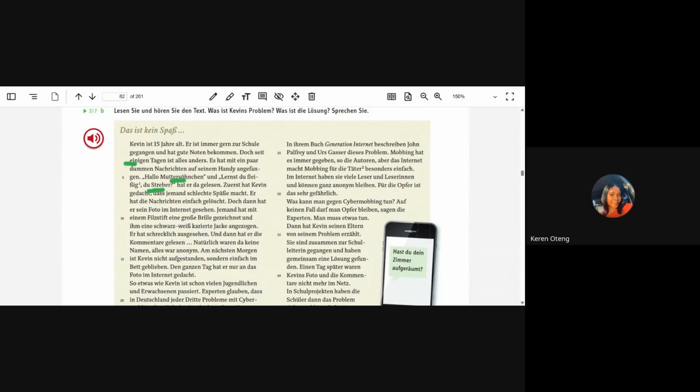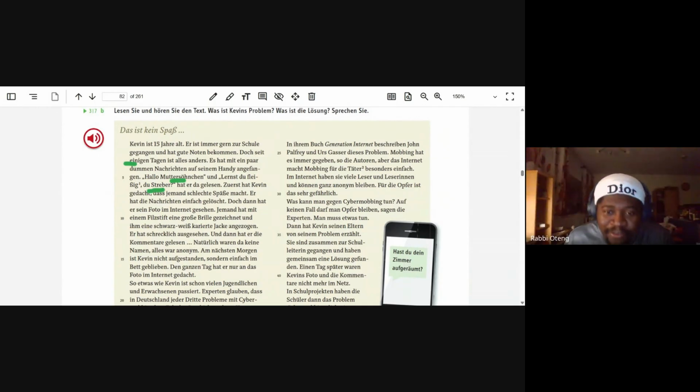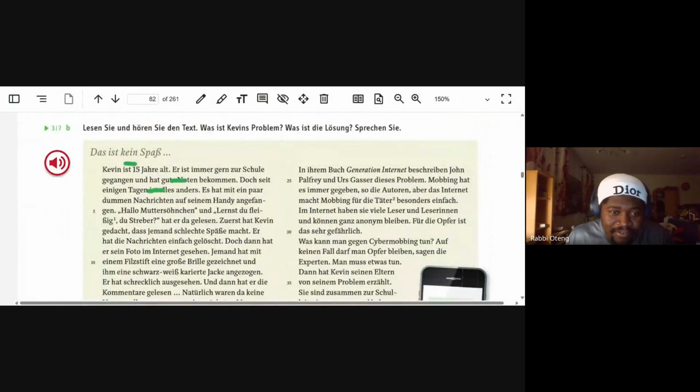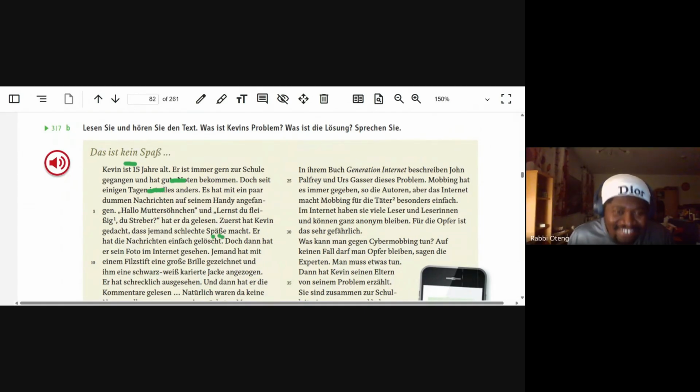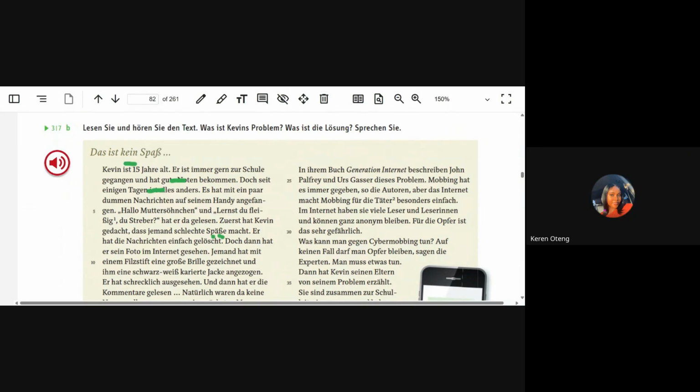Zuerst hat Kevin gedacht, dass jemand schlechten Spaß macht. Er hat die Nachrichten einfach gelöscht.